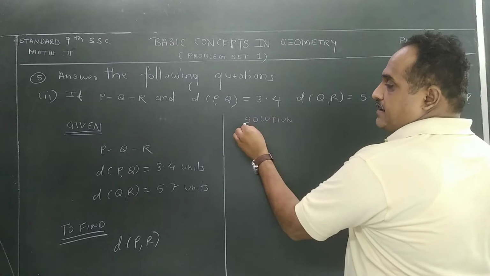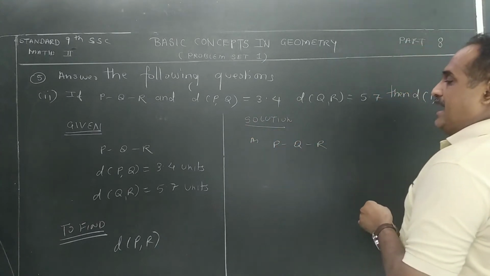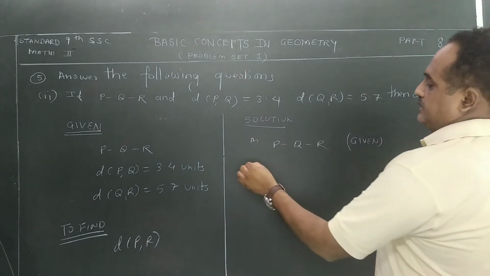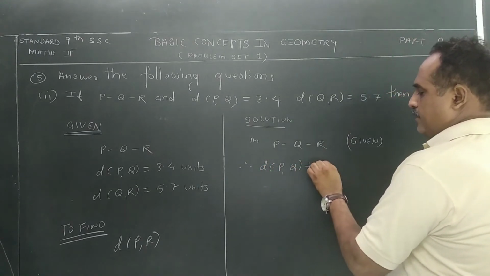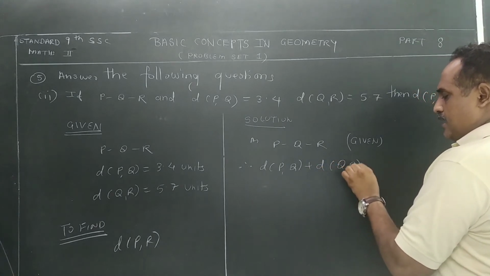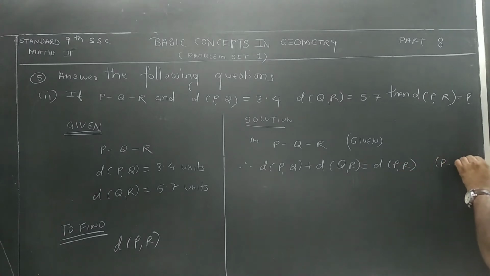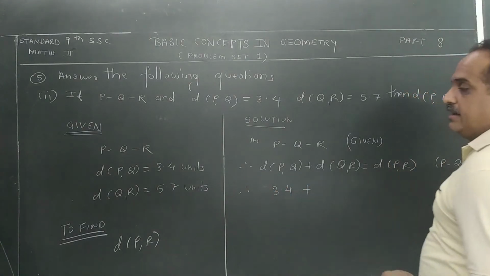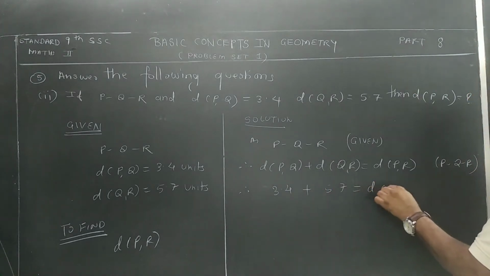Solution for this: as Q lies between P and R, it is given. Therefore, distance PQ plus distance QR is equal to distance PR, and P, Q, R are collinear points. Therefore, distance PQ is 3.4, distance QR is 5.7, and what they have asked is distance PR.